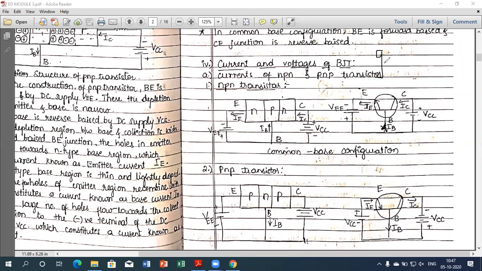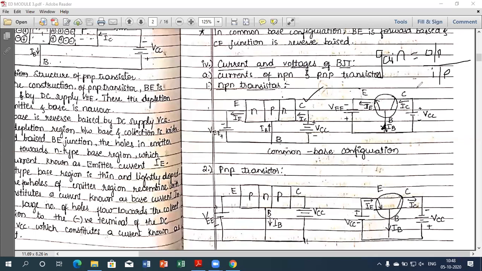So here gain is nothing but output by input. I hope you guys remember this formula, output by input. Okay. So here with respect to current, the output is IC, that is collector current, and the input is IE, that is emitter current.